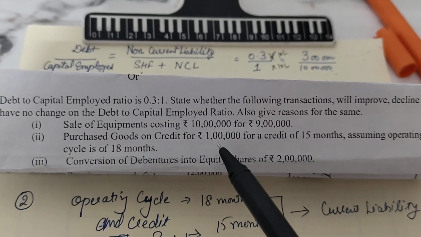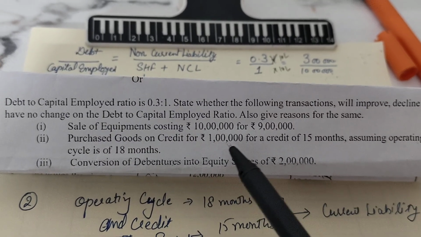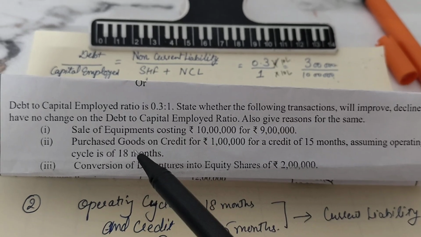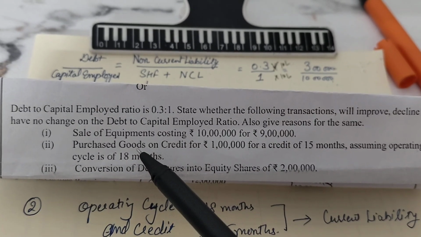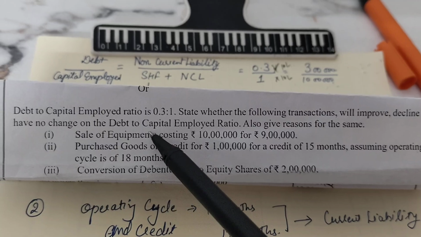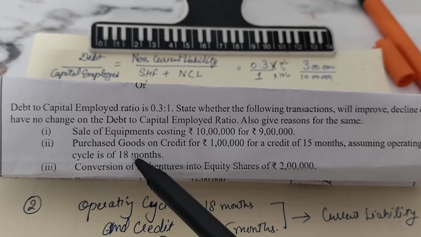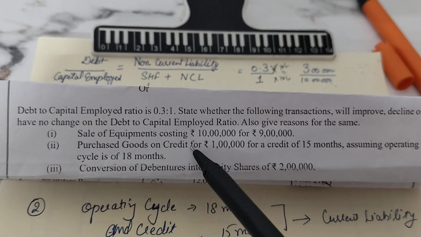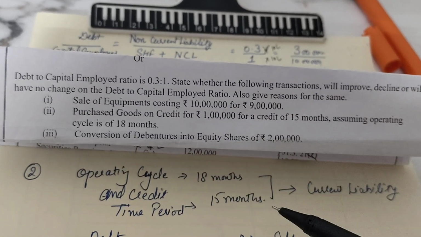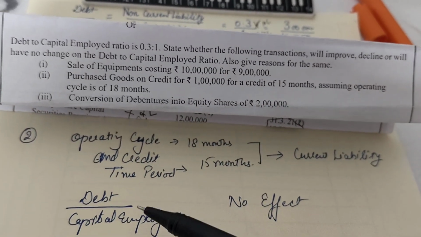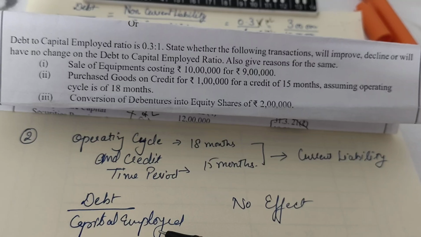Now the current liability would increase by 1 lakh and your current assets would also increase by 1 lakh rupees because goods have been purchased. So CA will change and CL will change. That means there is no change in your debt and capital employed.